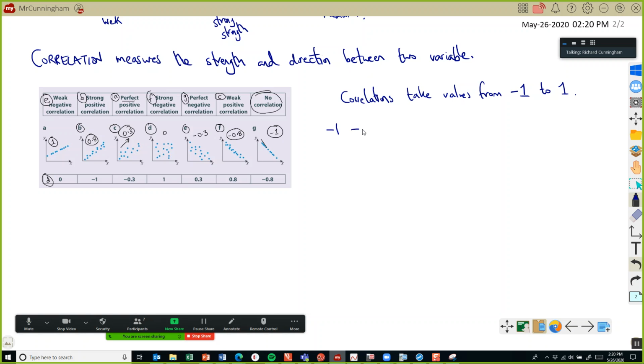-1 means that it's got a perfect negative correlation. So that means it's sloping downwards perfectly. A value of 0 means it's got no correlation. It's just all randomly spaced out.